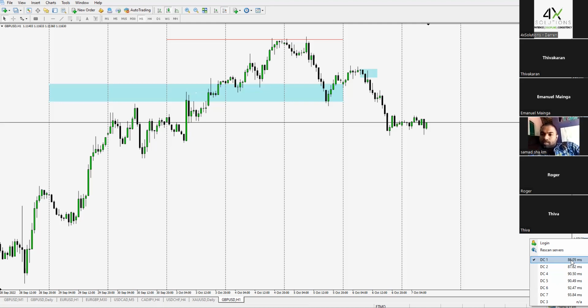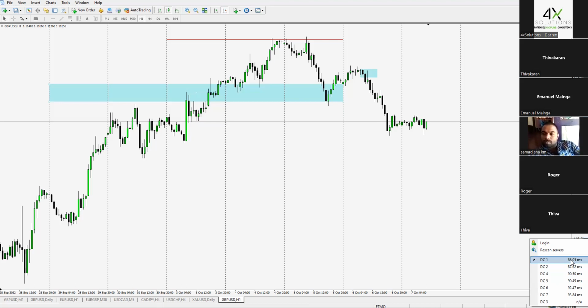So you can choose an account that's on an Indian based server or a European based server to reduce that millisecond timing.